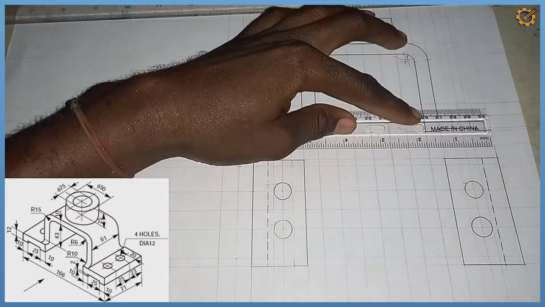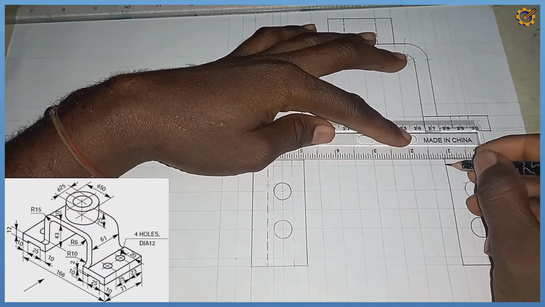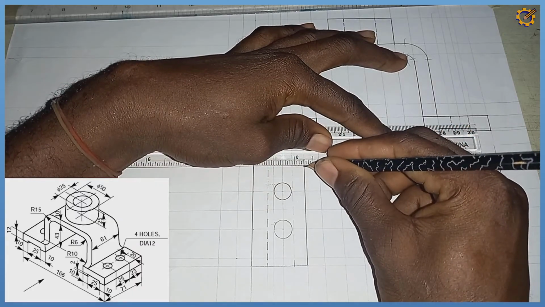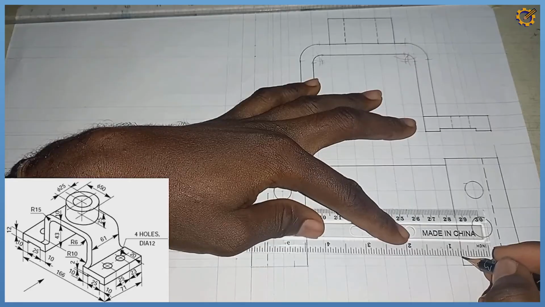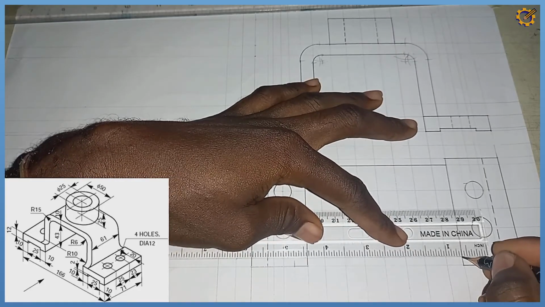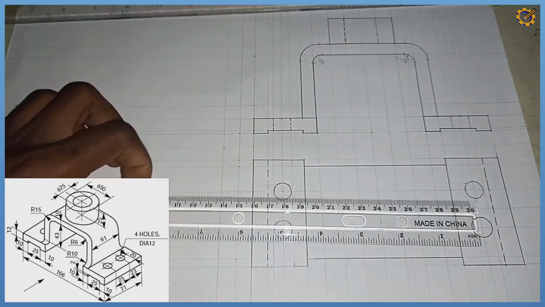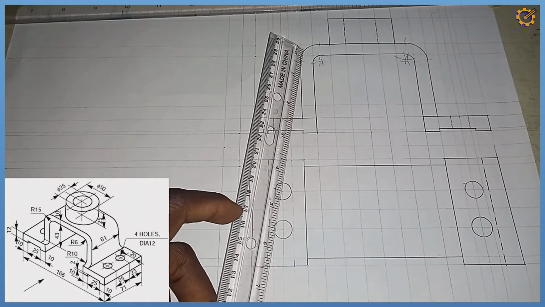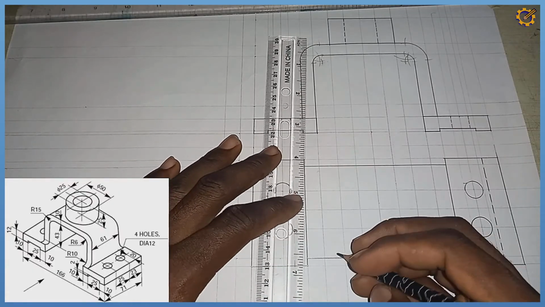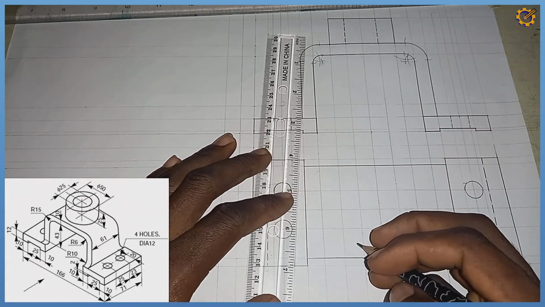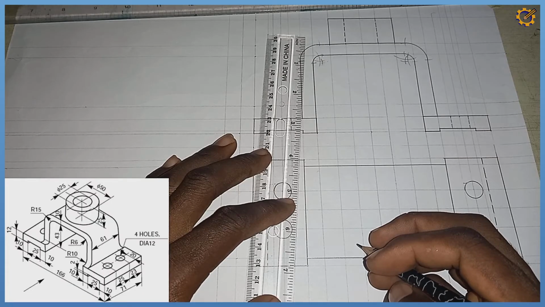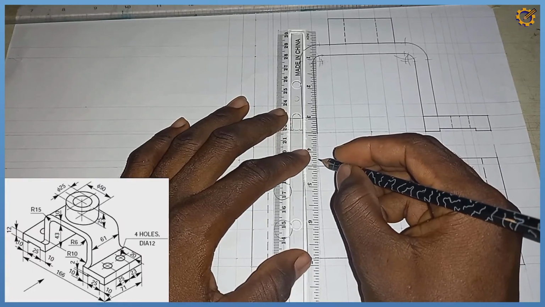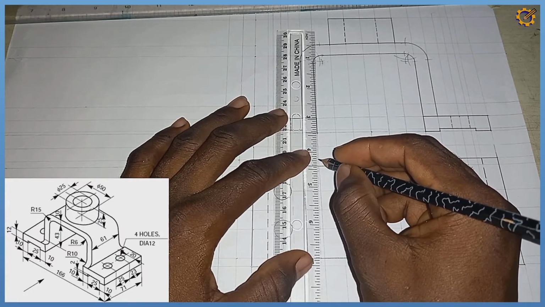So the next thing for me is to pick my pencil, and I'm going to join from this point down here, like this. I'm also going to join from this point down here, like this. After joining in that manner, I'm going to be having this right here.